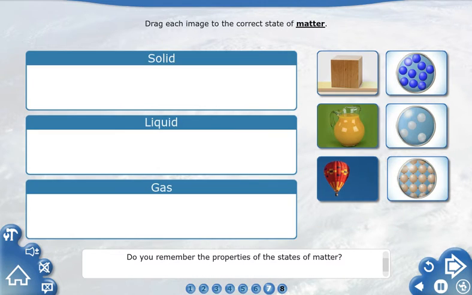Do you remember the properties of the states of matter? Drag each image to the correct state of matter.